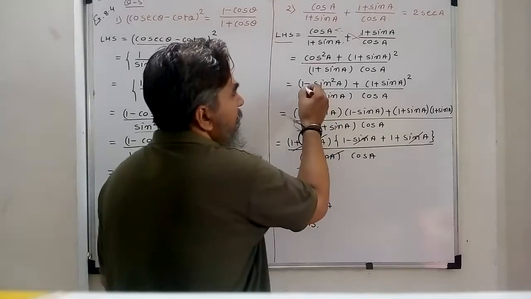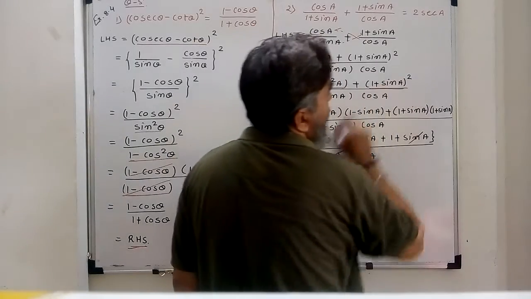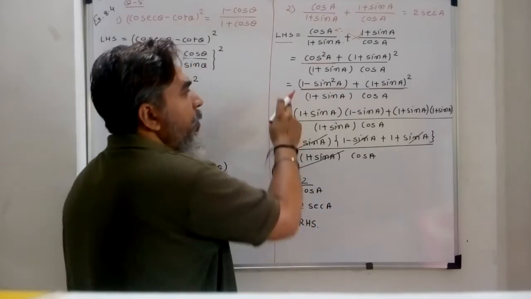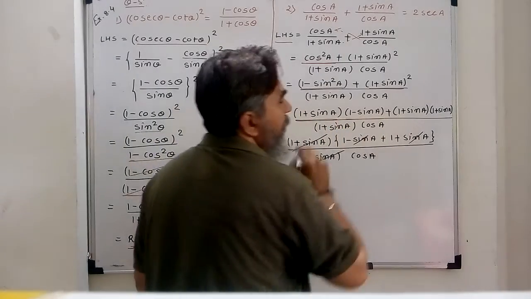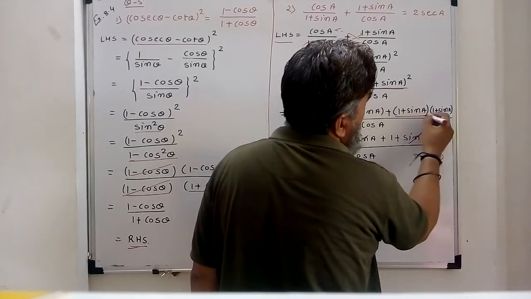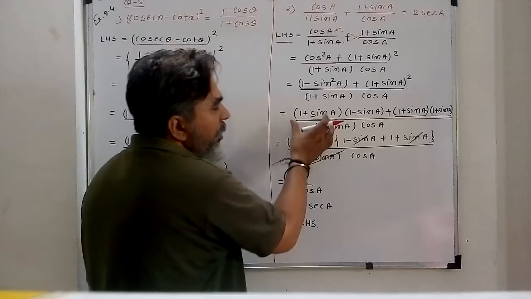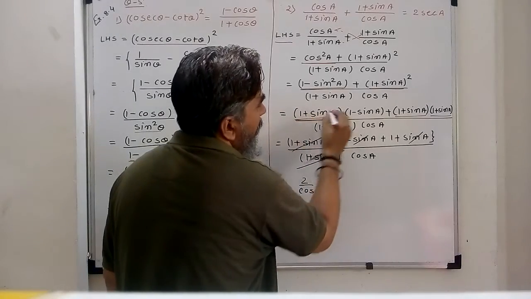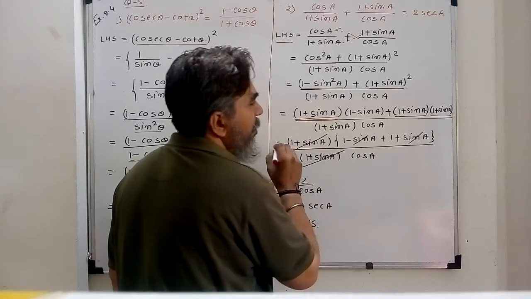Now this is a square minus b square, and this is (a plus b) whole square. The a square minus b square can be written as (a plus b)(a minus b), and (a plus b) whole square is (a plus b)(a plus b). You can observe that in this term, (1 plus sin a) is common.